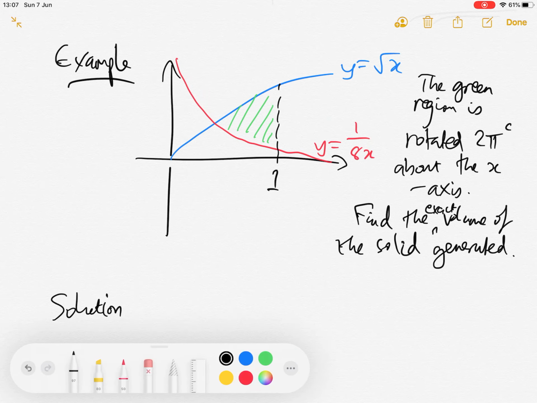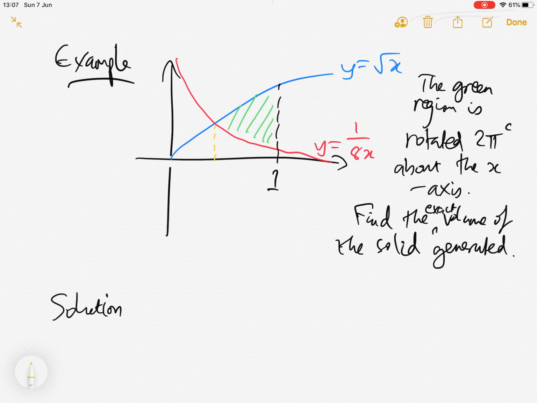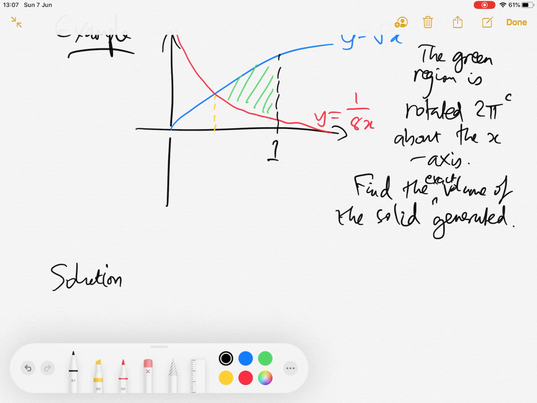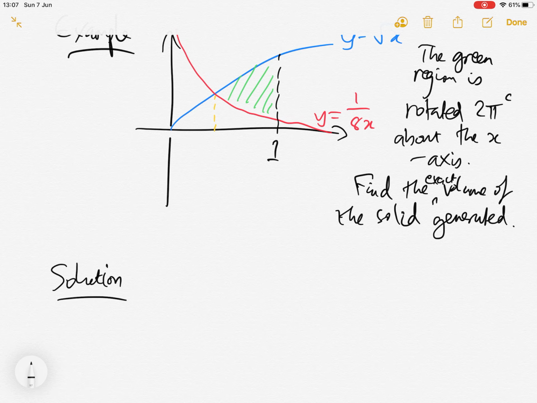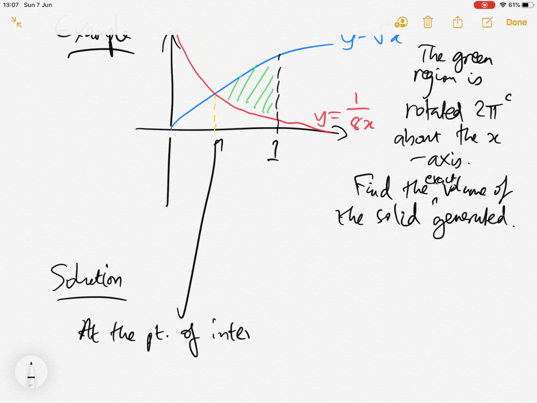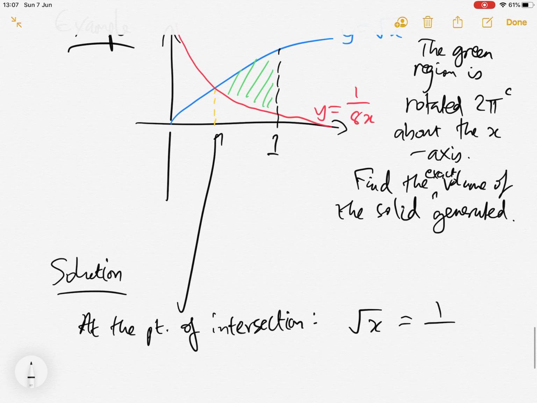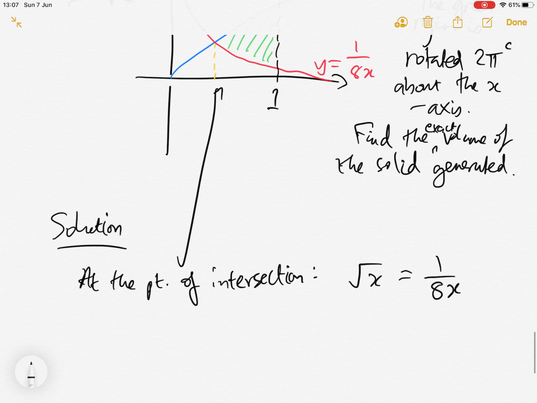well, firstly, it would help immensely if we knew what this point here is, what the x-coordinate is. So first we can say at the point of intersection, which equation is true? Well, we must have root x equals 1/8x.